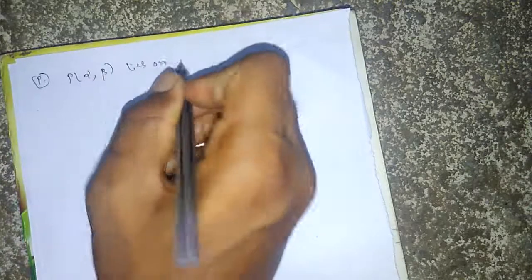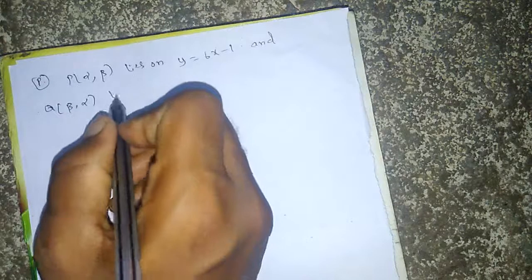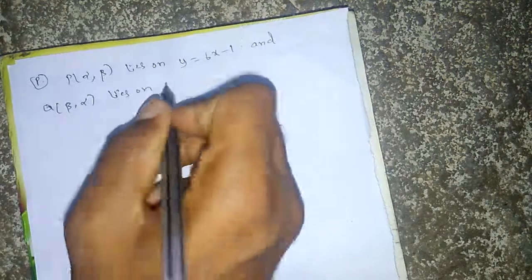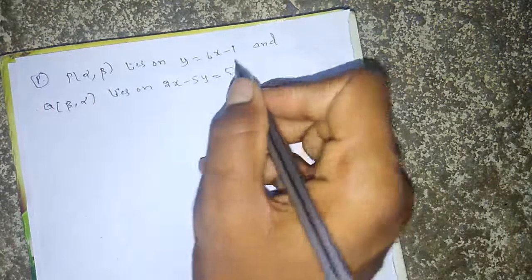Next problem: P(alpha, beta) lies on y is equal to 6x minus 1 and Q(beta, alpha) lies on 2x minus 5y is equal to 5.